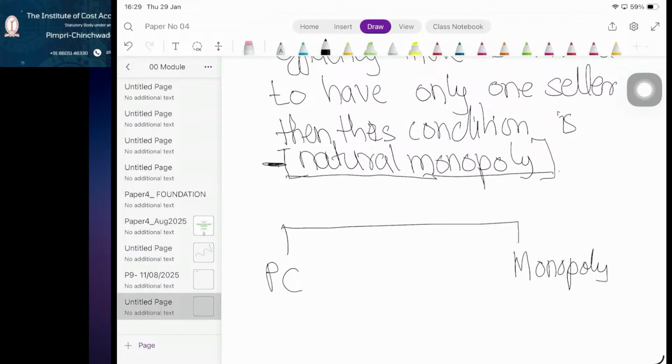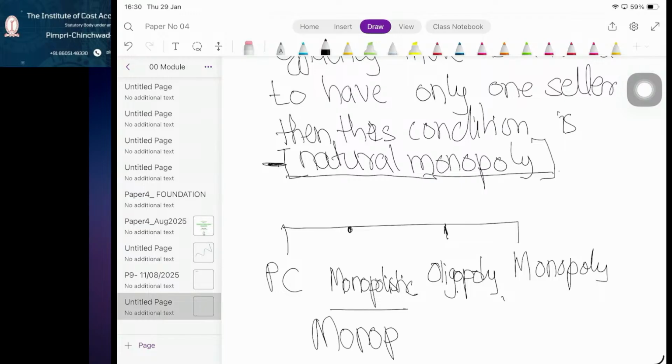One is oligopoly, which I'm drawing closer towards monopoly, and another one which is called monopolistic competition.